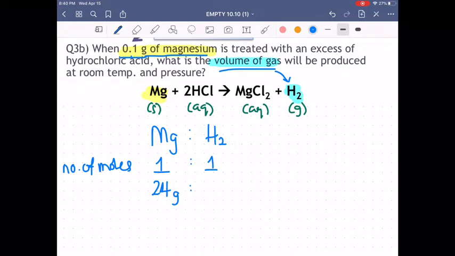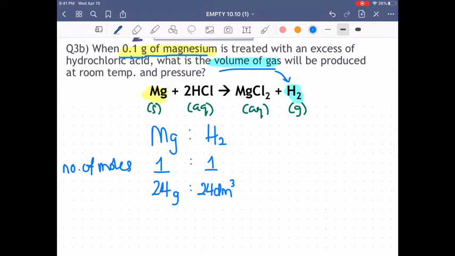I put here gram. The gas here is hydrogen, so here must be written for the gas. 1 mole of any gas is equal to 24 dm cube, or even 24,000 centimeter cube. For this case, I'm going to use the 24 dm cube.